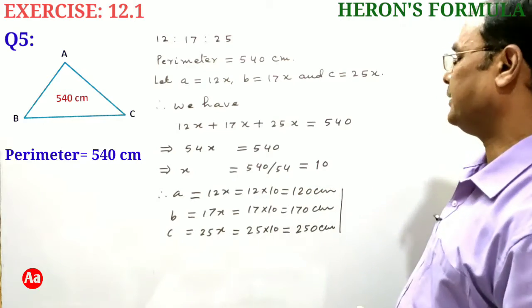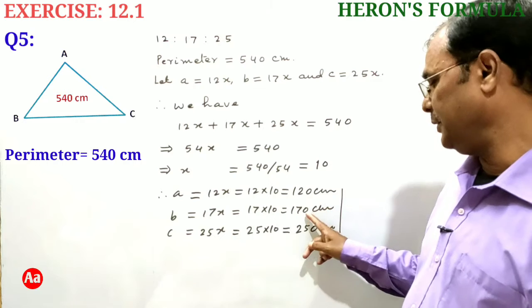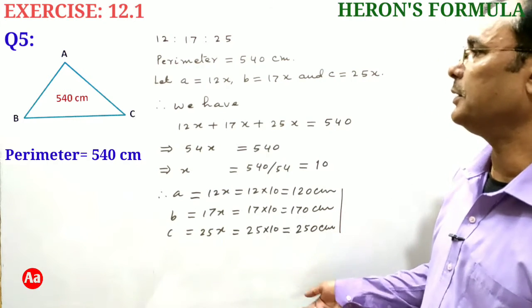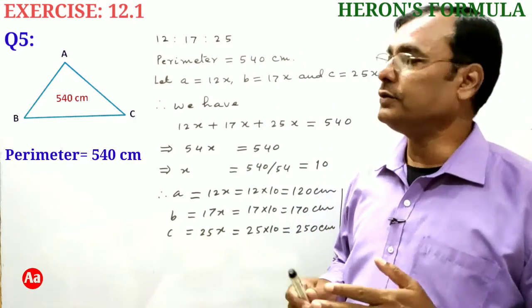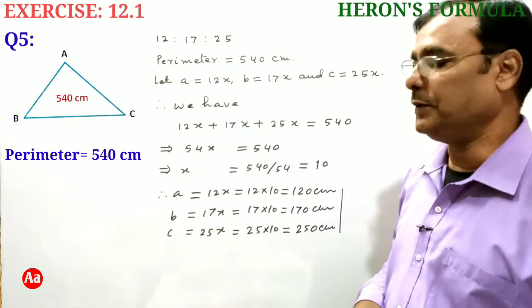So the three sides of the triangle we have determined as 120 centimeter, 170 centimeter and 250 centimeter. Perimeter is already given. We are going to apply Heron's formula to find the area of this triangle, so we need the semi-perimeter.